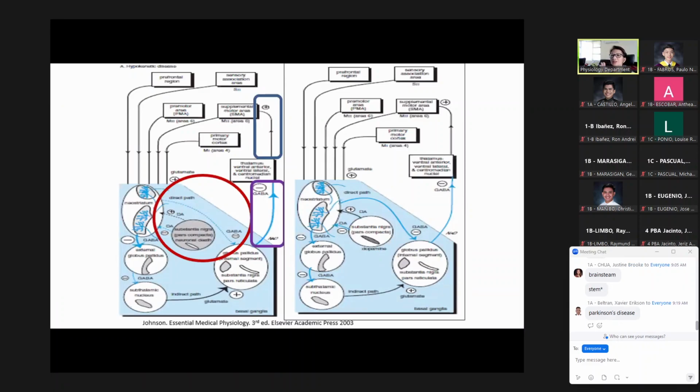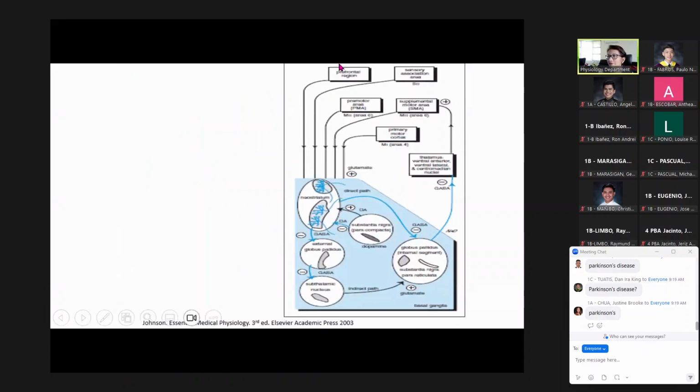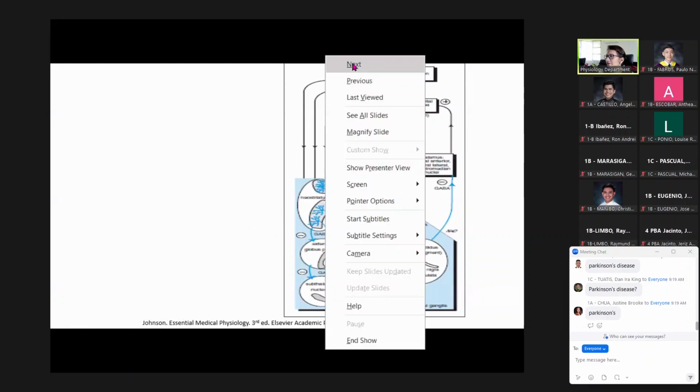Ayan, okay. May sumagot na sa akin. Yes. Parkinson's. Uy, dapat alam nyo yun, ha? Kung ano nangyari dun sa mga pathways, kung ano yung na-stimulate, kung ano yung na-inhibit, what neurotransmitters were affected. Ganyan. Okay. Next.